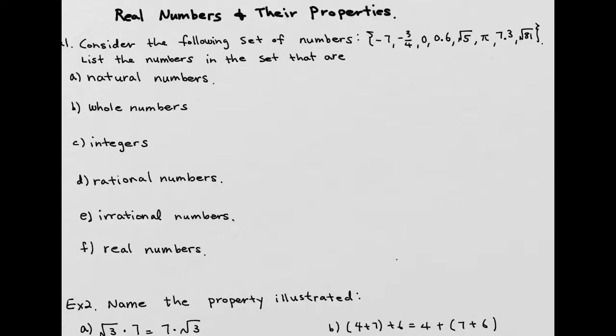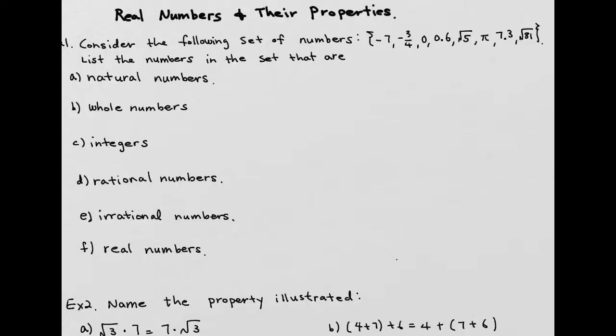And then we have integers. An integer is a whole number plus negative numbers. A rational number is when you can write your number in fraction form, and if it's not repeating, that's going to be a rational number. An irrational number is whichever is not a rational number.